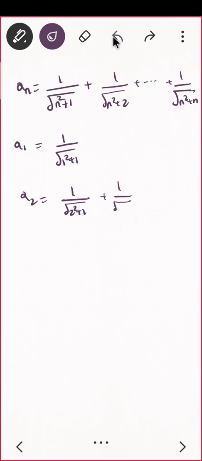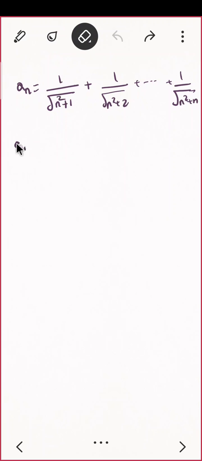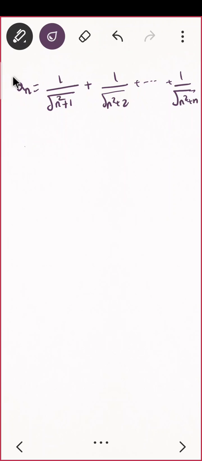Let us try to see by the sandwich theorem. Can you give me an expression like in the previous one, which we used, so that an will be in between? That means 1 upon square root of n square plus 1. Can you give me a lower bound for n square plus 1 and an upper bound?